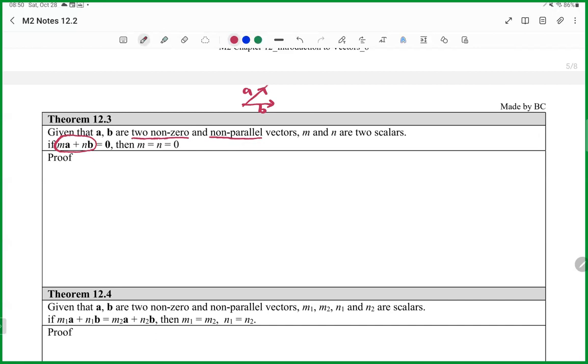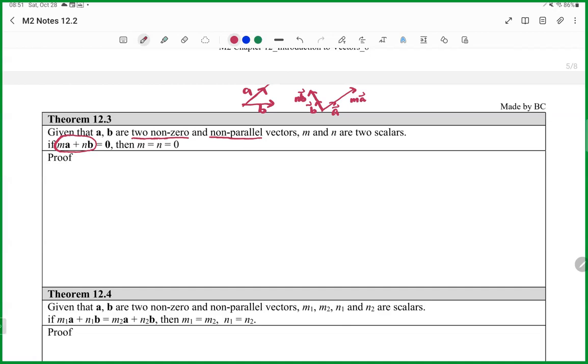For example, this is A, this is B. So a combination is M times A and N times B, just to extend them.